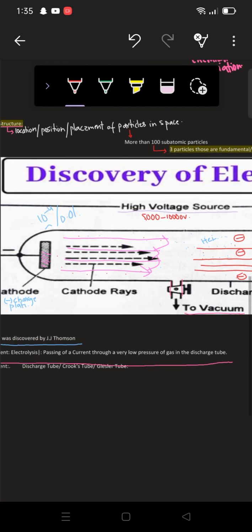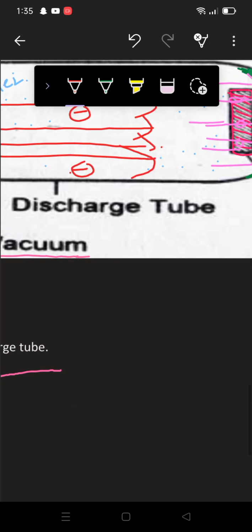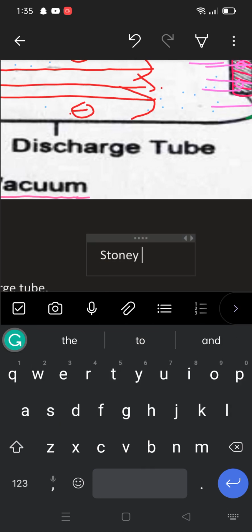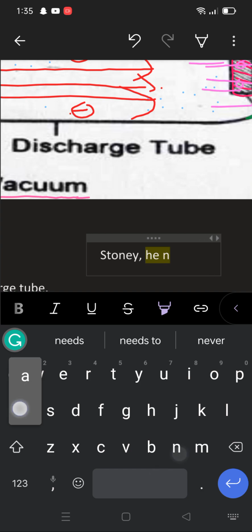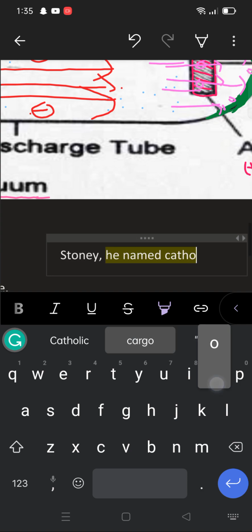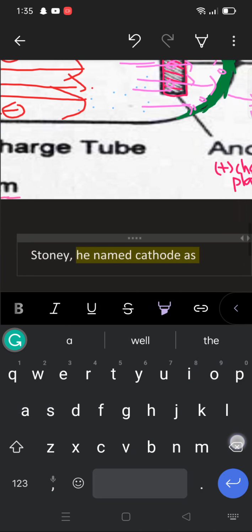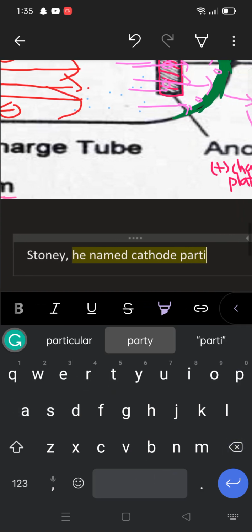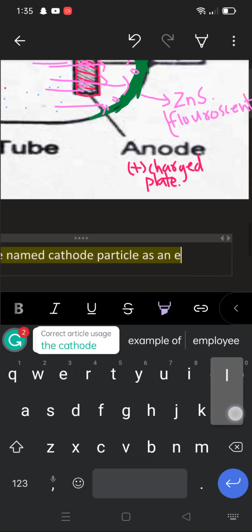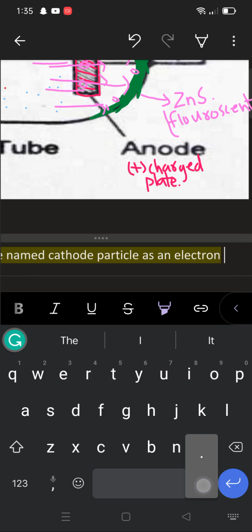The cathode particle was named by Stoney as the electron. Stoney was the scientist who named the cathode particle or cathode ray particle an electron, right?